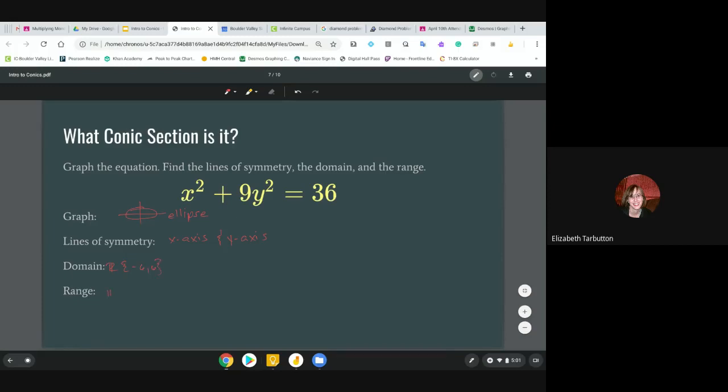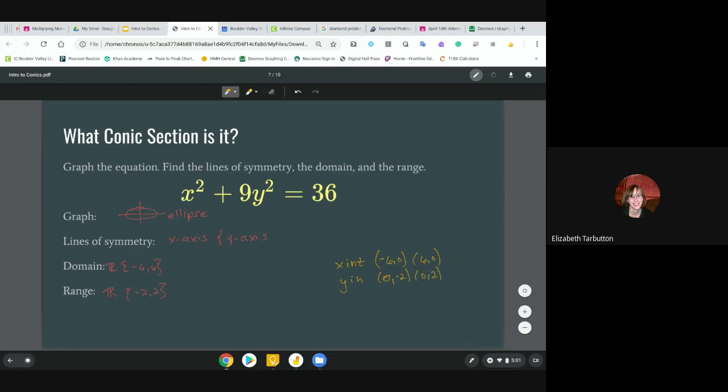And the range was all real numbers from -2 to 2. Some things that we didn't have in here that we could add in, like we said, were our x-intercepts at (-6, 0) and (6, 0), and our y-intercepts at (0, -2) and (0, 2).